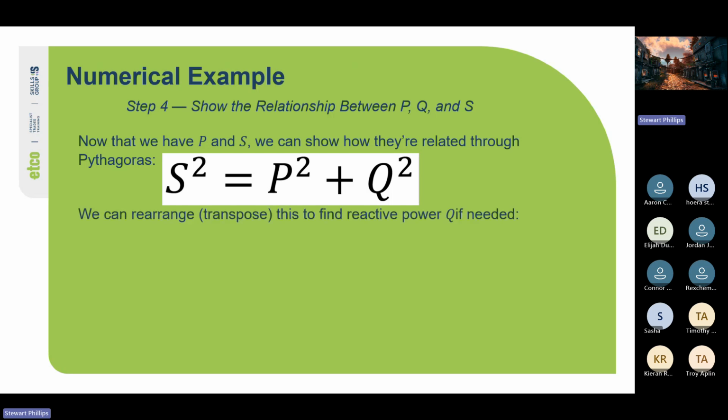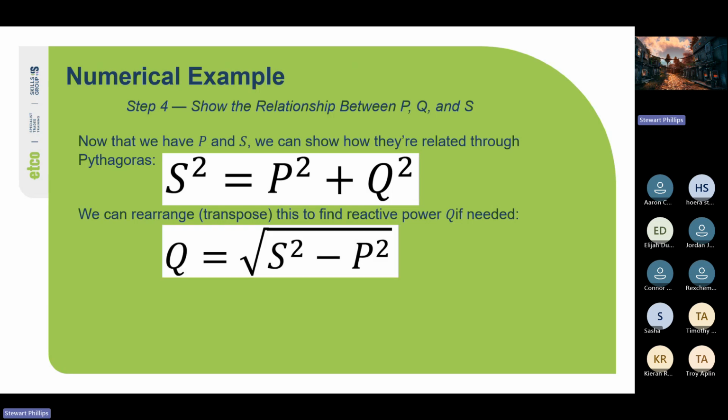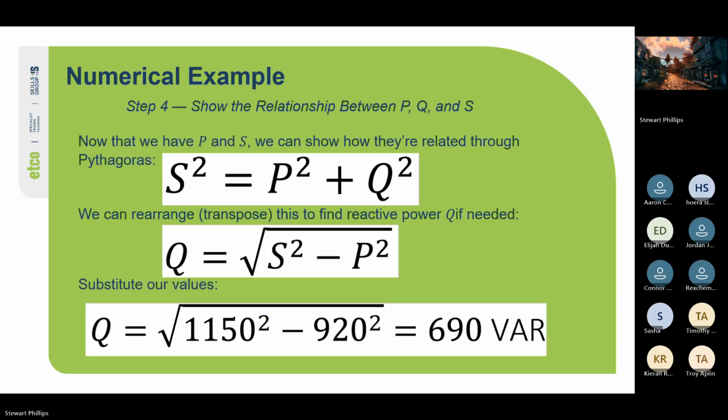We can then rearrange or transpose this to find our reactive power Q if needed. So Q equals the square root of S squared minus P squared. We substitute our values: Q equals 1150 squared minus 920 squared, which gives us 690 volt amps reactive. So that's the total measure of our reactive power.